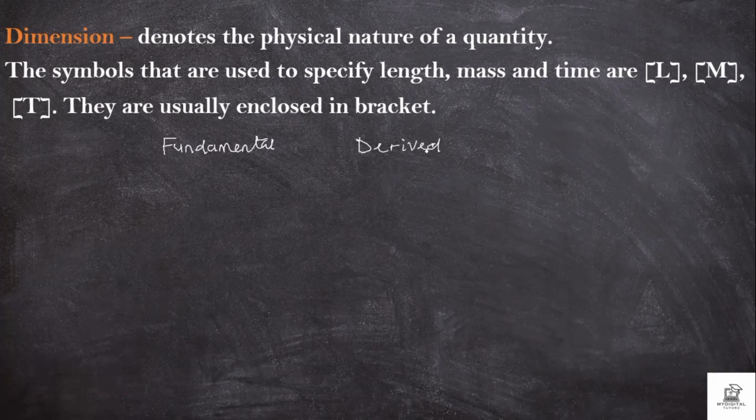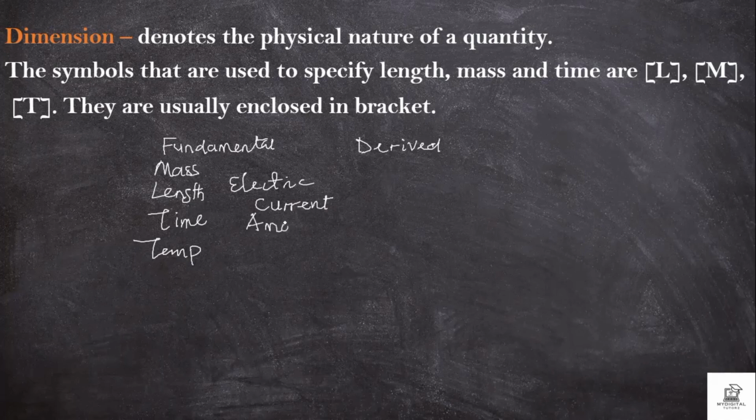We have basically 7 fundamental physical quantities, which are mass, length, time, temperature, electric current, amount of substance, and luminous intensity. So these are basically the fundamental physical quantities we have.